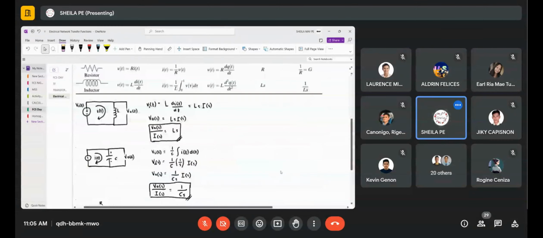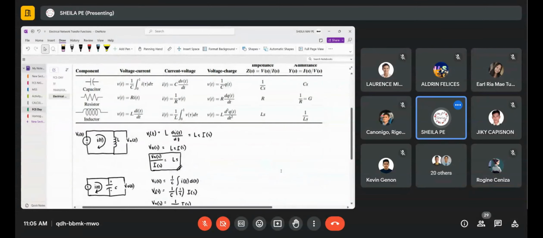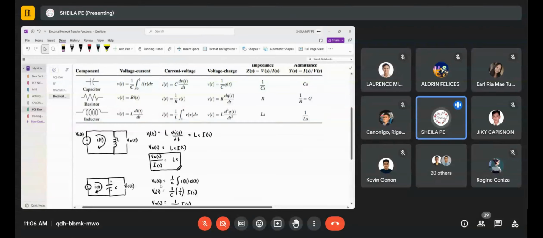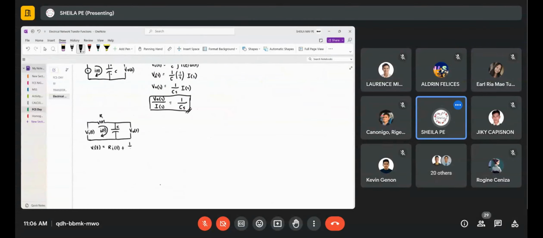R, I of t. So this is R I of t plus the capacitor 1 over C integral of I t dt.